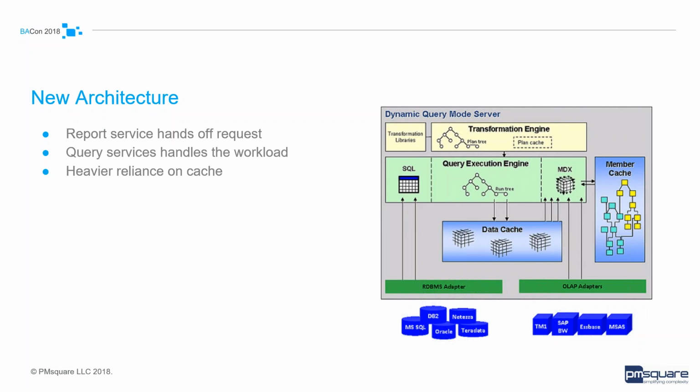As Greta mentioned before, it is a heavier reliance on cache. And you can see here from the diagram all the different areas where the cache is, all the way up to planning, the transformation engine, then down to the execution with the data cache and the member cache.